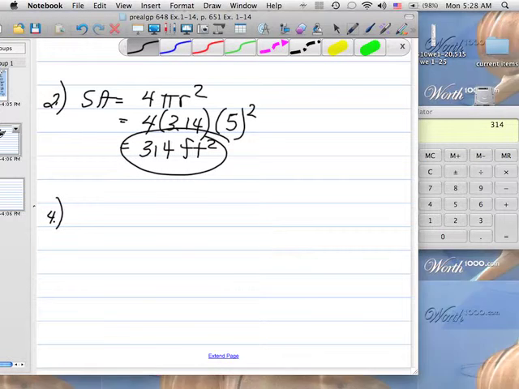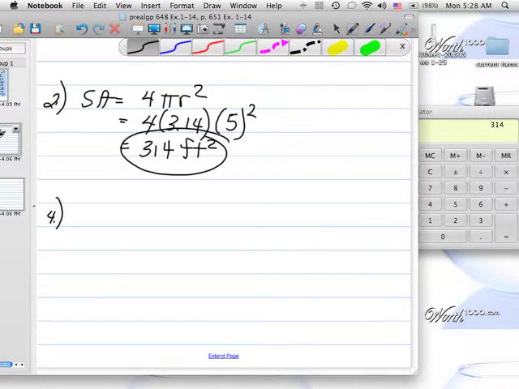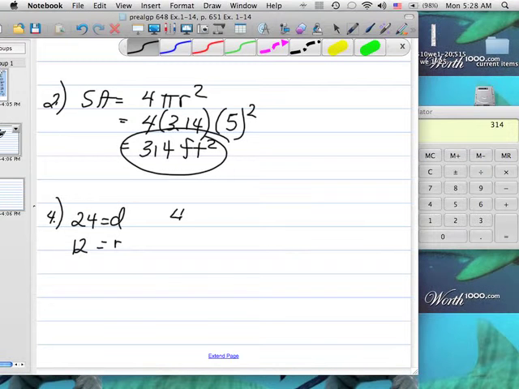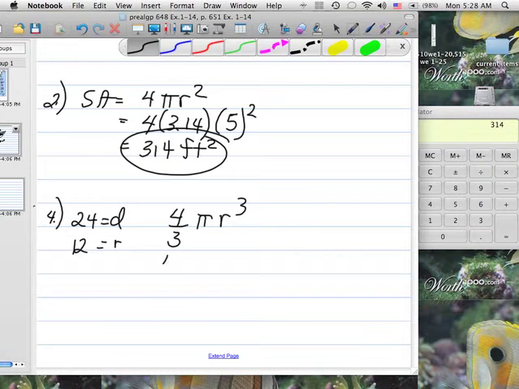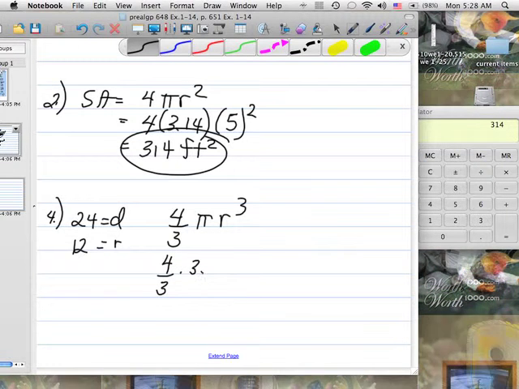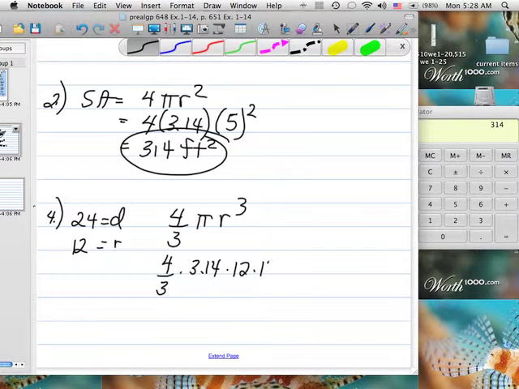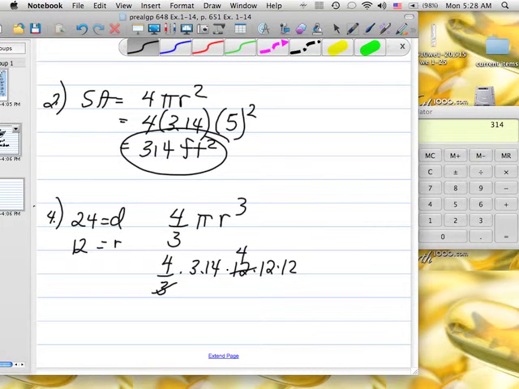Problem number 4, find the volume. So we have a sphere with a diameter of 24. So our radius would be 12. So we want 4/3 pi r cubed. So 4/3 times pi, and we're going to use 3.14. And the radius is cubed. I'm going to put the 12 down 3 times because I can see I can cancel the 3 with that.